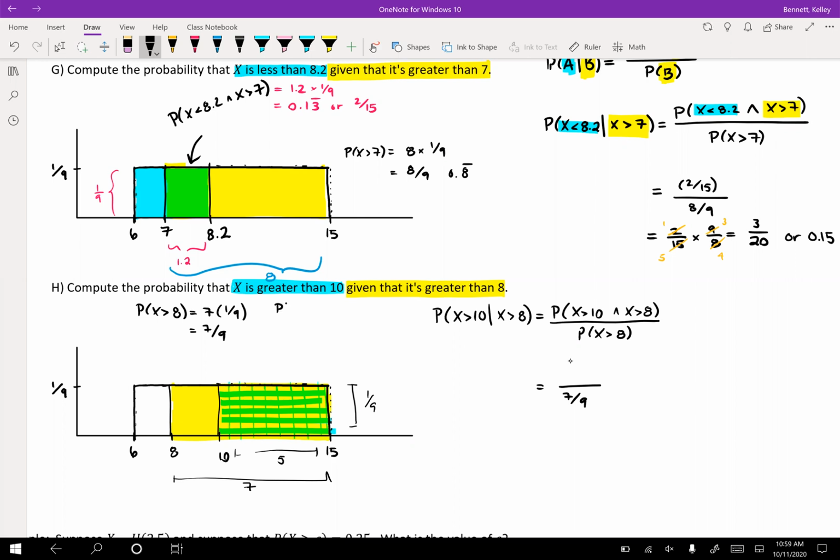So the probability that x is greater than 8 and x is greater than 10 equals 5 times 1/9, which equals 5/9. So I'm going to keep, change, flip 5/9 times 9/7. Definitely going to cancel out these 9s. And I get 5/7 as my answer.